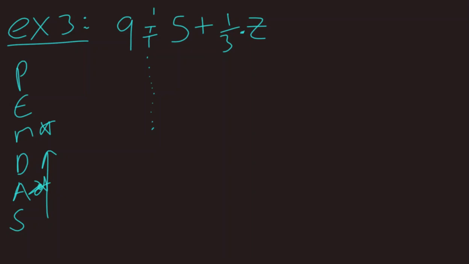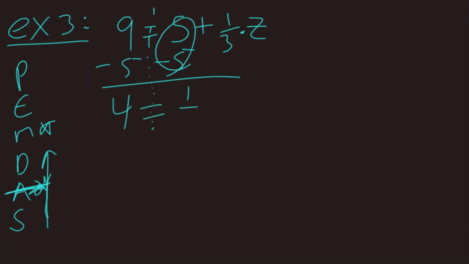Okay, so going from the top to the bottom, the first thing we see is the addition. And we know the opposite of addition is subtraction. So we subtract 5 from the right, we subtract 5 from the left, and 9 minus 5 will of course give us 4. Now we have 1/3 z.